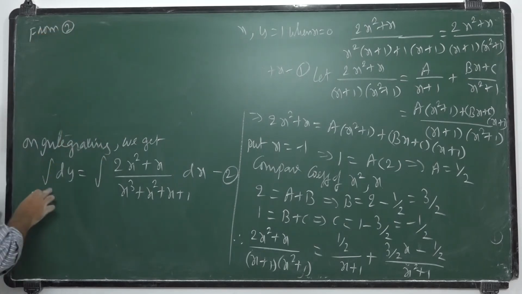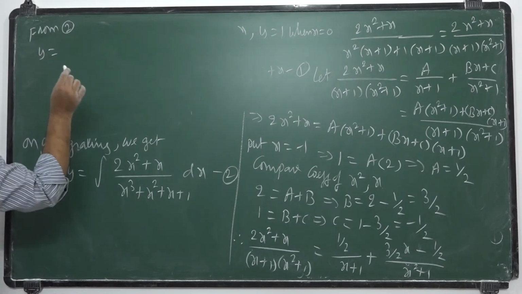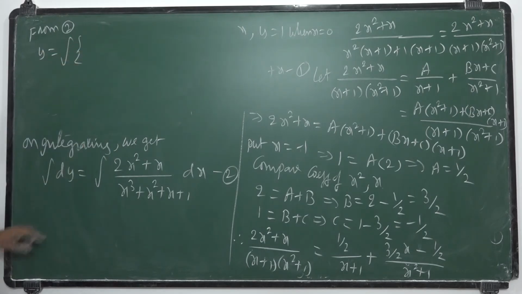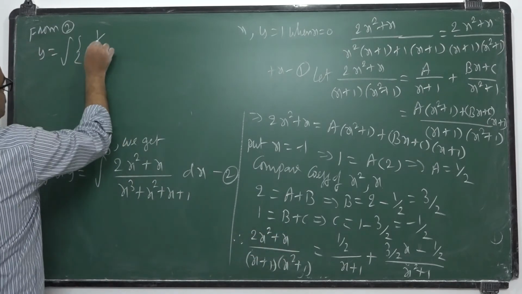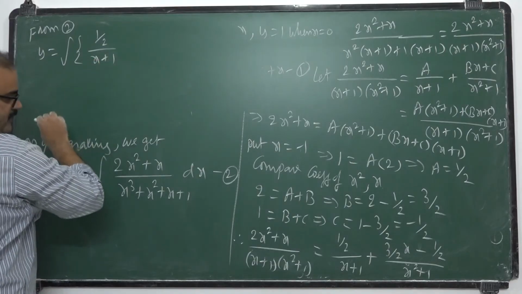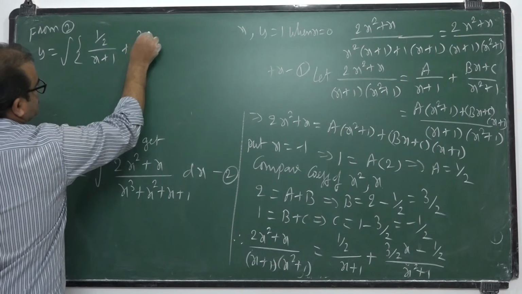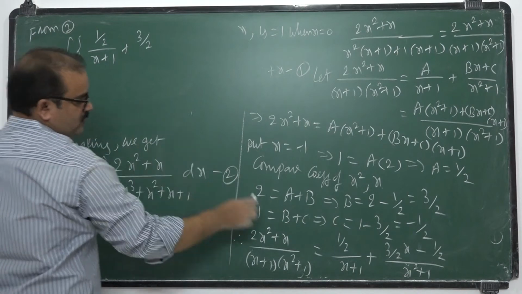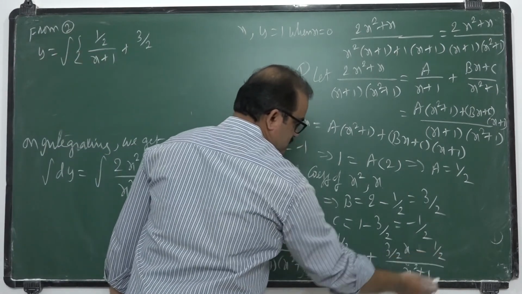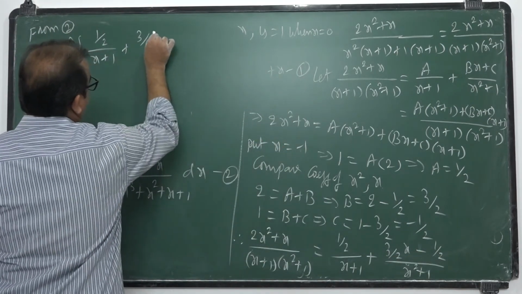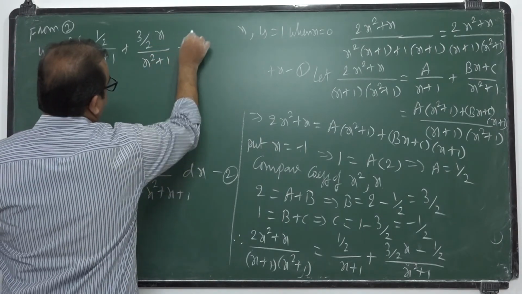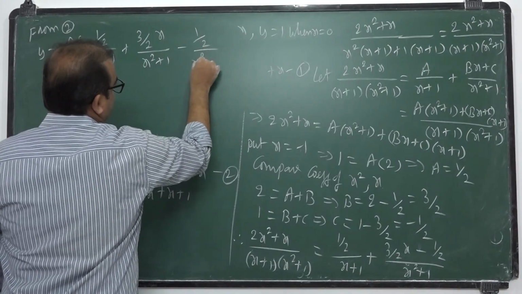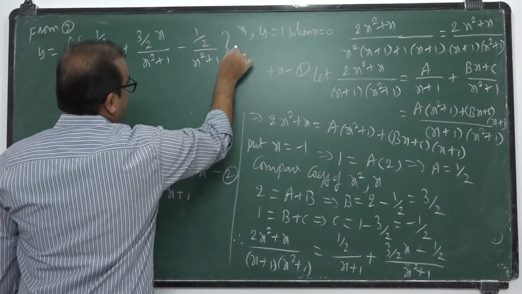From equation 2, integral 1 dy, y is equal to integral of, what is this fraction value from this? 1 by 2 by x plus 1 plus 3 by 2. Now we separate this into two terms, 3 by 2 x by x square plus 1 minus 1 by 2 by x square plus 1 into dx.